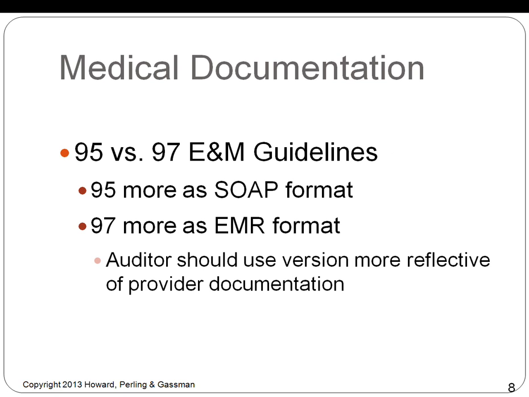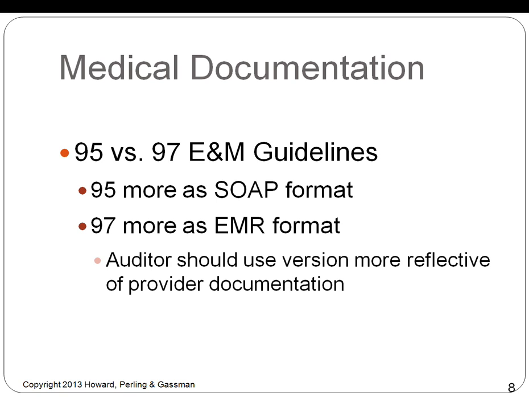But the good news is we're making progress with Medicare, Medicaid, and many of the other carriers that are doing prepayment and post-payment audits on documentation. One of the things that's really come about in the past year is that the American Medical Association published the guidelines for E&M coding in 1995.